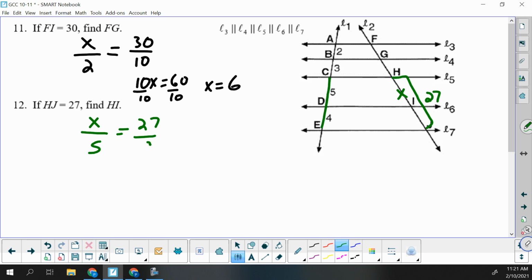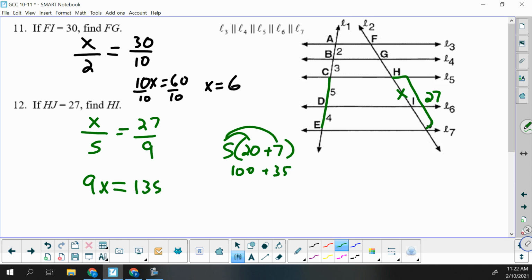So 5 and 4 gives us 9. 9x equals, a way to do 27 times 5 in your head, think of 27 as 20 plus 7. 5 times 20 gives you 100. 5 times 7 gives you 35, and then add them together to get 135. When we then divide by 9, we'll just get 15, and x represented HI, which is what we wanted to find.